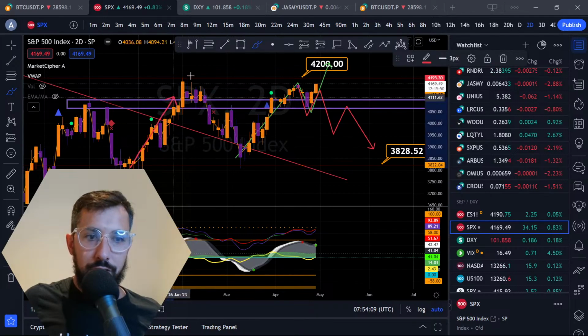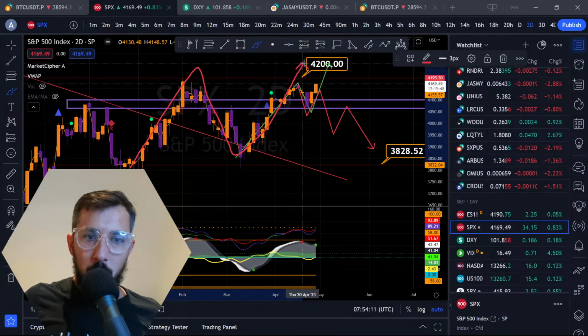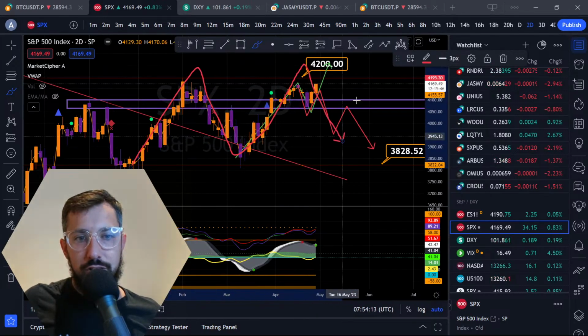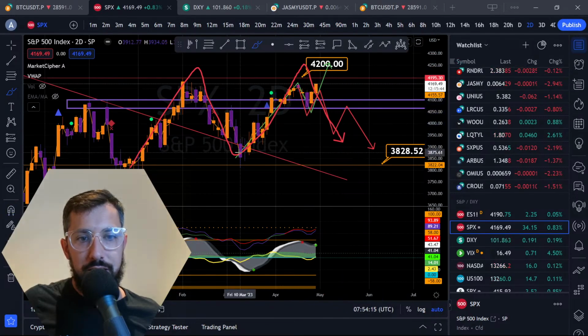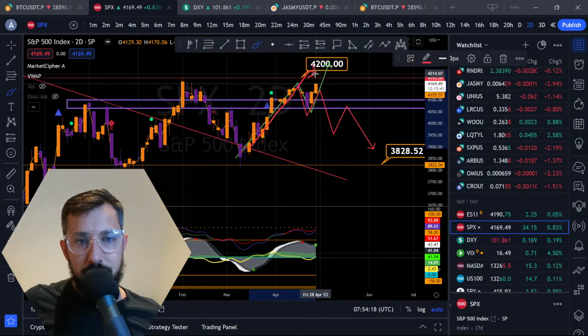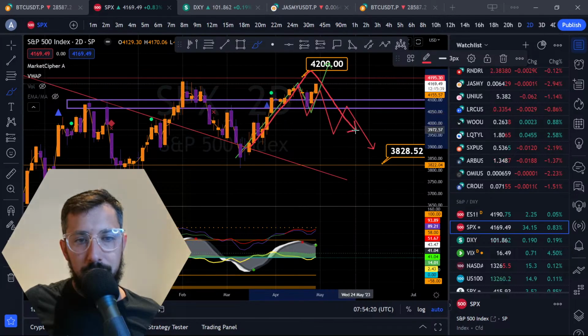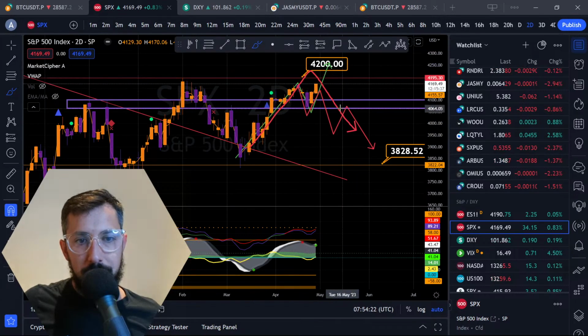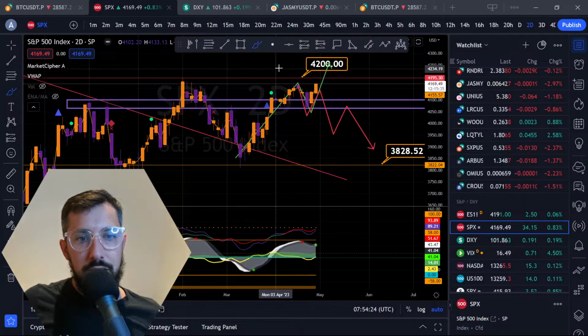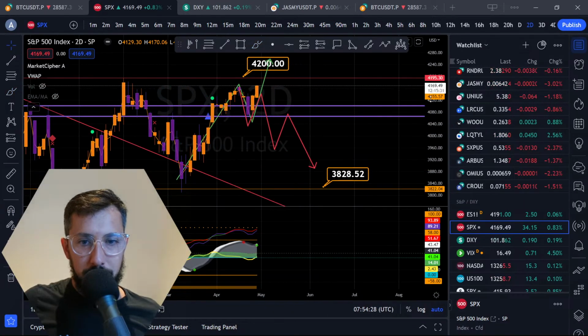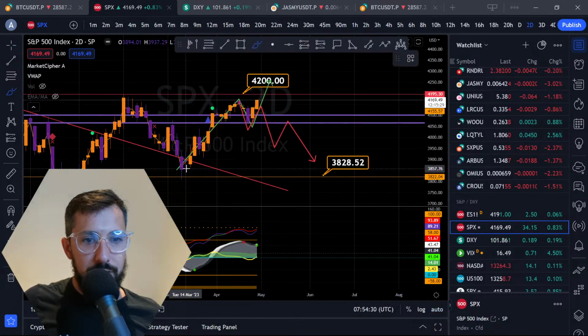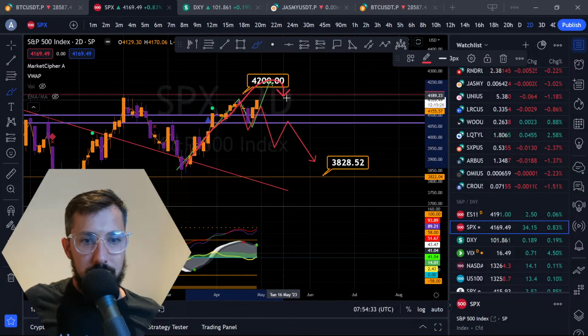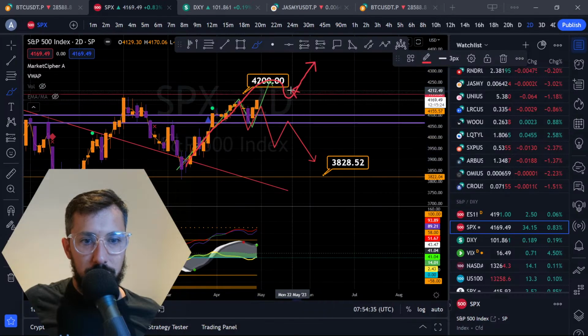The thing we're looking for, though, is if we do get up, we're looking for the higher high and the rejection. So we're looking to trade the rejection right now. If it does get rejected, even if it makes a higher high, then we can look to short Bitcoin. Also, if it does continue to pump upwards, we'll be looking to long Bitcoin. If it flips this to support and bounces, that's where we look to long, right here.